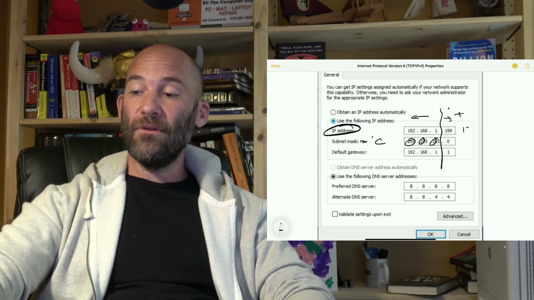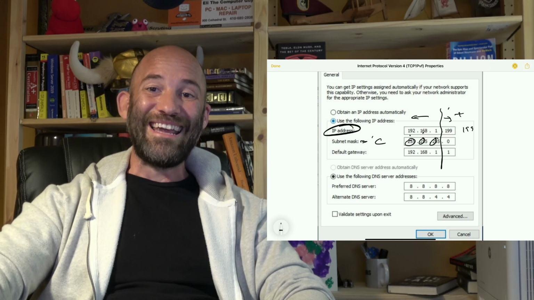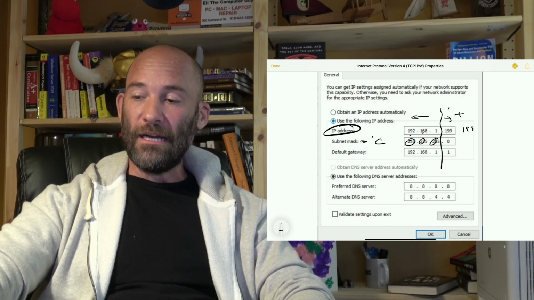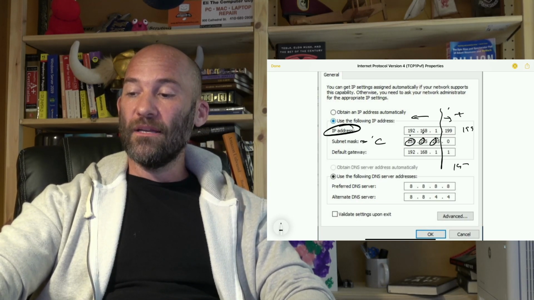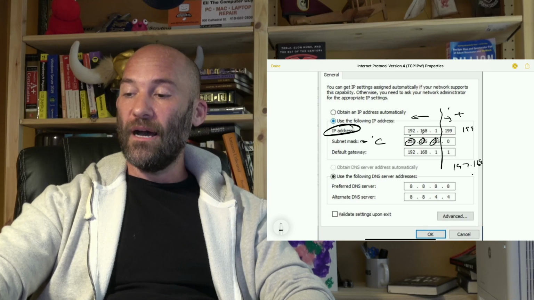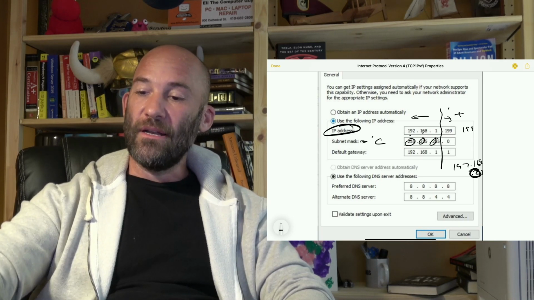So this is computer 199 on the 192.168.1 network, right? So if you were trying to ping 192.168.2.1 or whatever, this is on a different network.